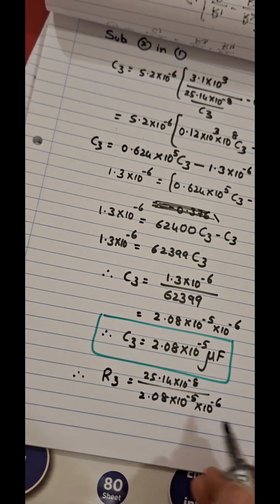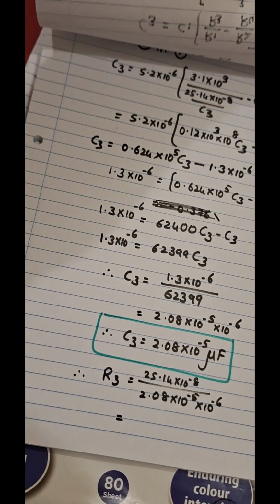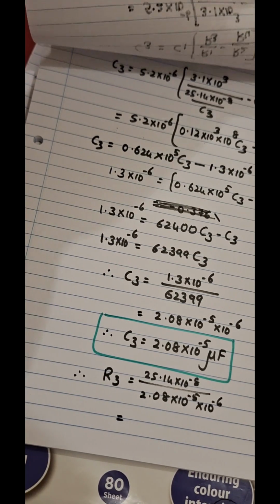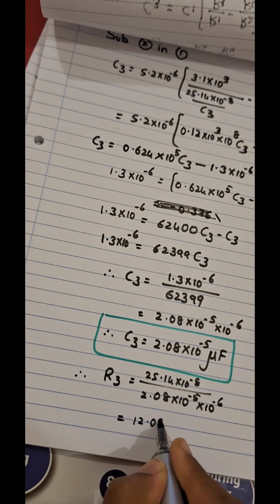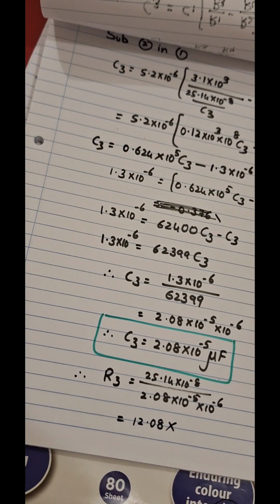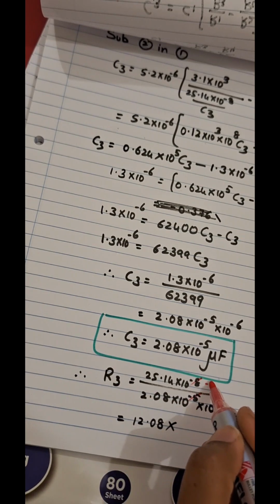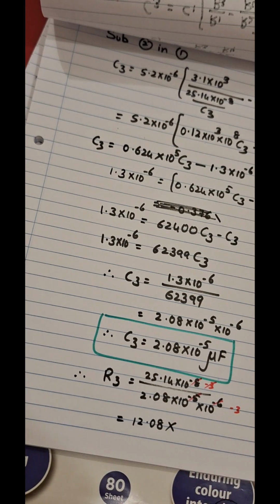Now this is equal to 25.14 divided by 2.08. Our answer is 12.08. 12.08 into 10 power minus 5 cancel. It means you have minus 3. Minus 3 minus 6 cancel means here you have minus 3.